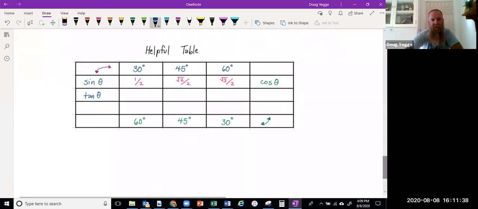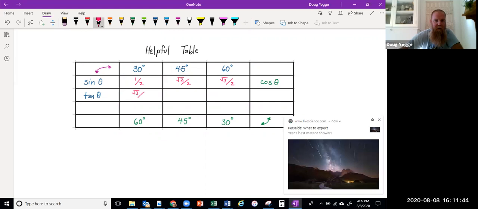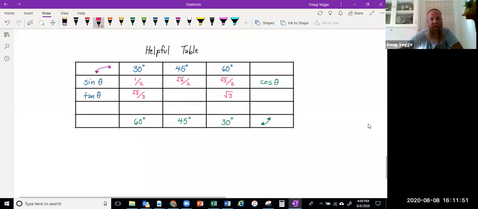So we can fill those in and recognize that tangent of 30 degrees is root 3 over 3, while tangent of 60 degrees is root 3. And tangent of 45 degrees is 1.